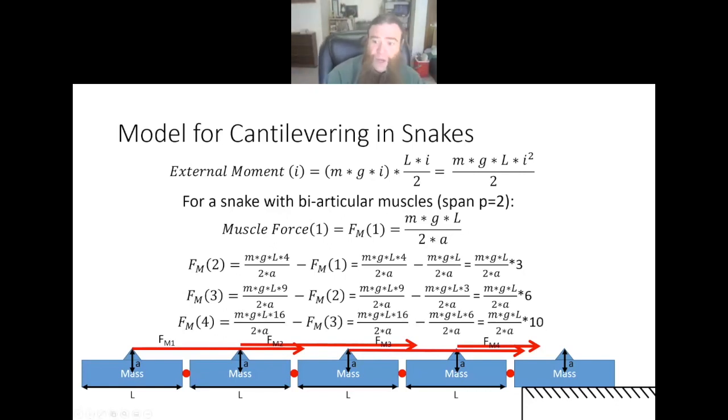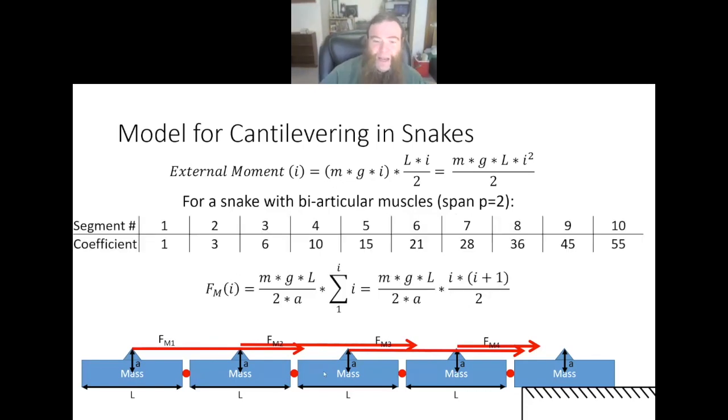So on and so forth. You can go along the system and get your nice series of coefficients. And so what I mean by coefficient is, for all of these systems, the force at any given muscle will have this same coefficient at the beginning of mass times gravity times length divided by twice the lever arm. And then this I here, this is this coefficient. And so you can see how the coefficient rises.